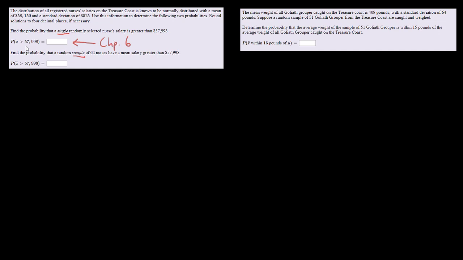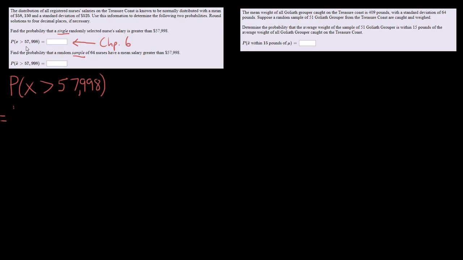Basically, we want to do, like the question says, probability that X, where X represents a single nursing salary, a registered nurse's salary on the Treasure Coast, we want to find the probability that's greater than $57,998. Okay? Now, we can either use our calculator, or we can use the table. Now, I'll solve using the table first, by hand, and then we'll check ourselves using the calculator.